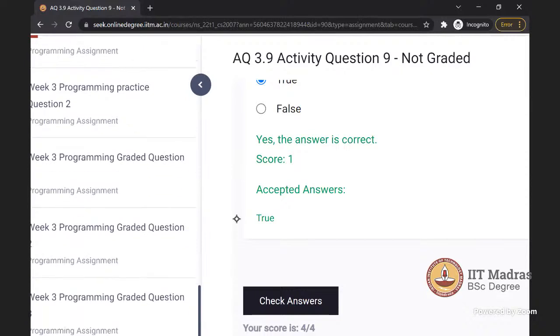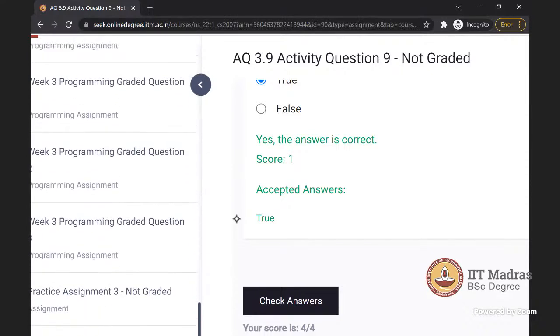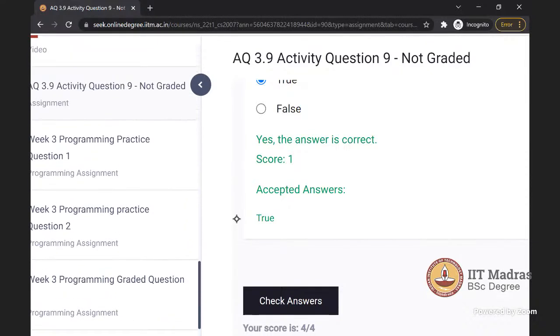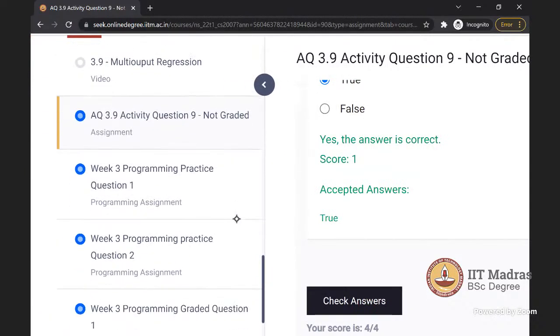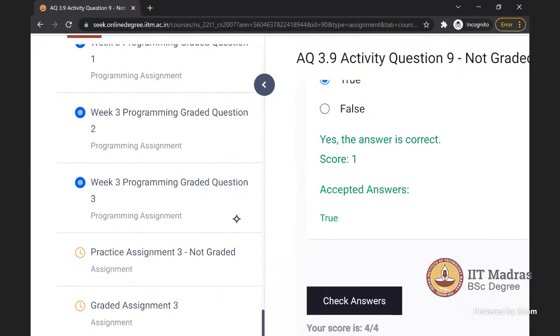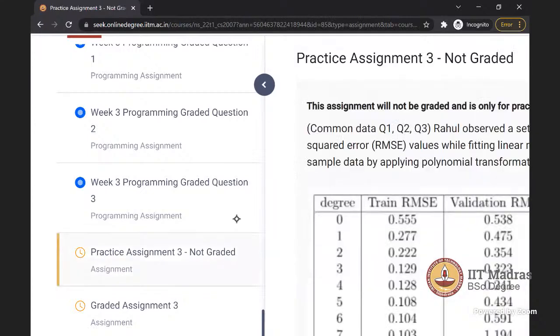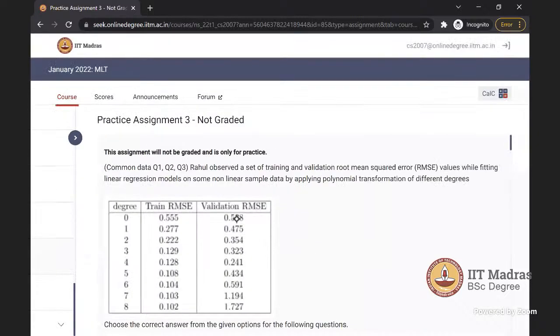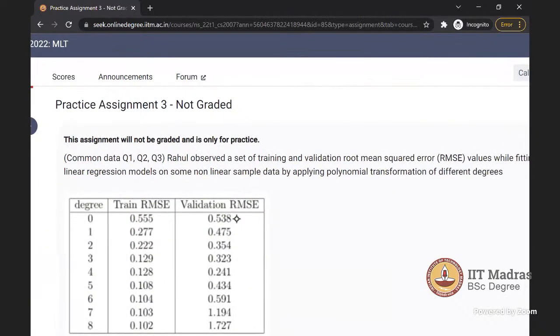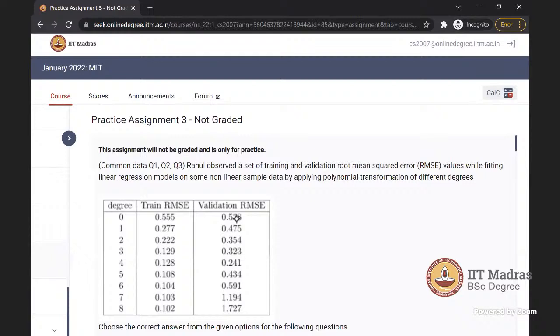Okay. Let's move on to the practice part. Let's take a look at the theoretical practice questions first, then we'll go to programming questions. Okay, this is an interesting question.